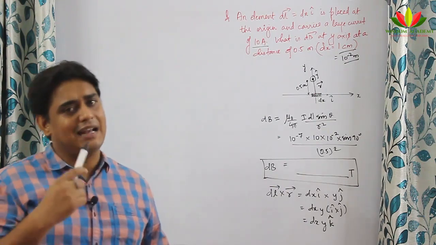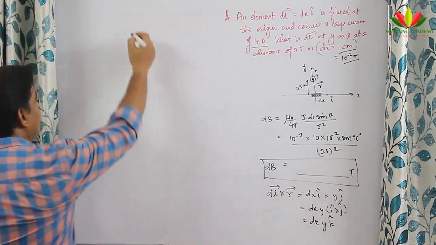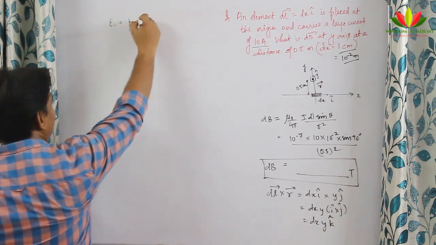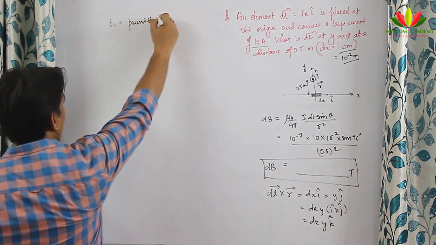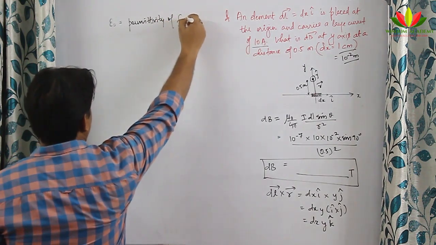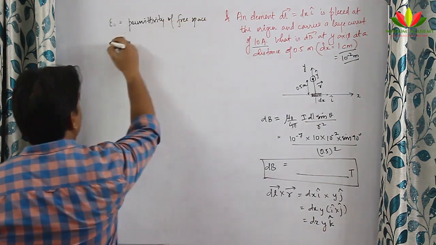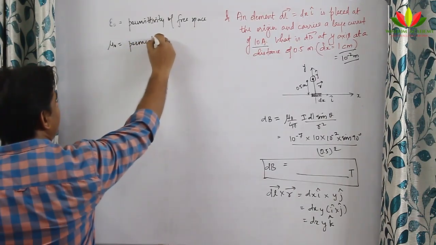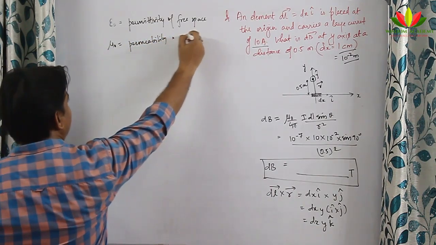Next, let us see what is the relationship between mu naught and epsilon naught. We know that epsilon naught is the permittivity of free space, and mu naught is the permeability of free space.